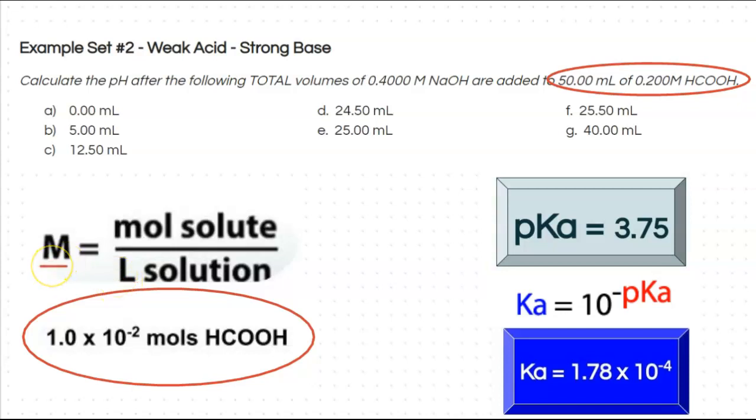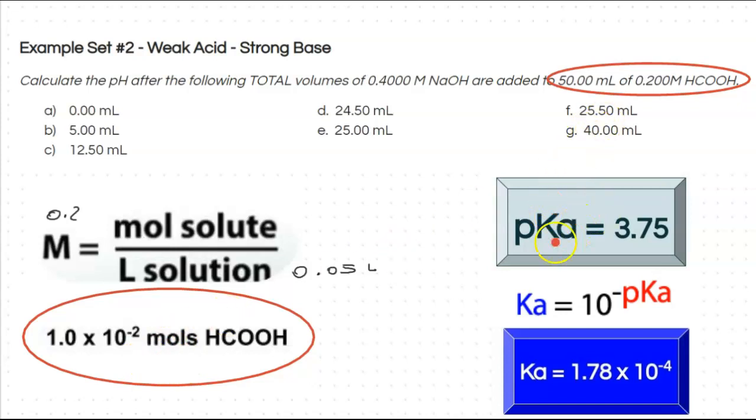So I've taken the 0.2 molarity times 0.05 liters. And that is how I came up with the 1 times 10 to the negative 2 moles of methanoic acid. So when you see this pop up in a couple of slides, this is where that came from.